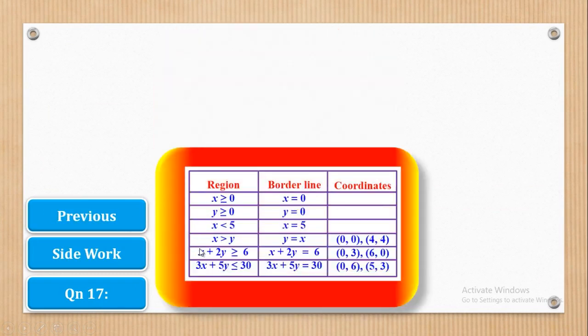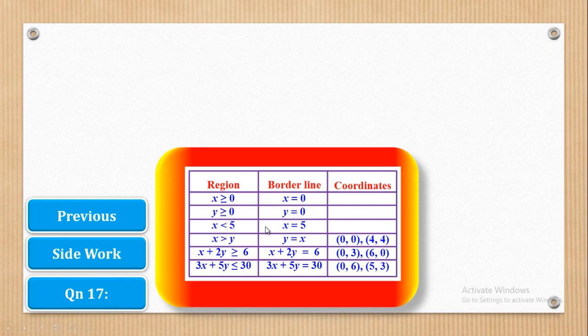So previously, these are the inequalities we have. Now these inequalities, when you are plotting on the graph, you don't use the equations with inequalities. What you do, you use border lines. So where there is an inequality, you put there an equal sign. So x greater than or equal to 0 will become, we shall plot x equal to 0. Then y greater than or equal to 0, we shall plot y equal to 0.